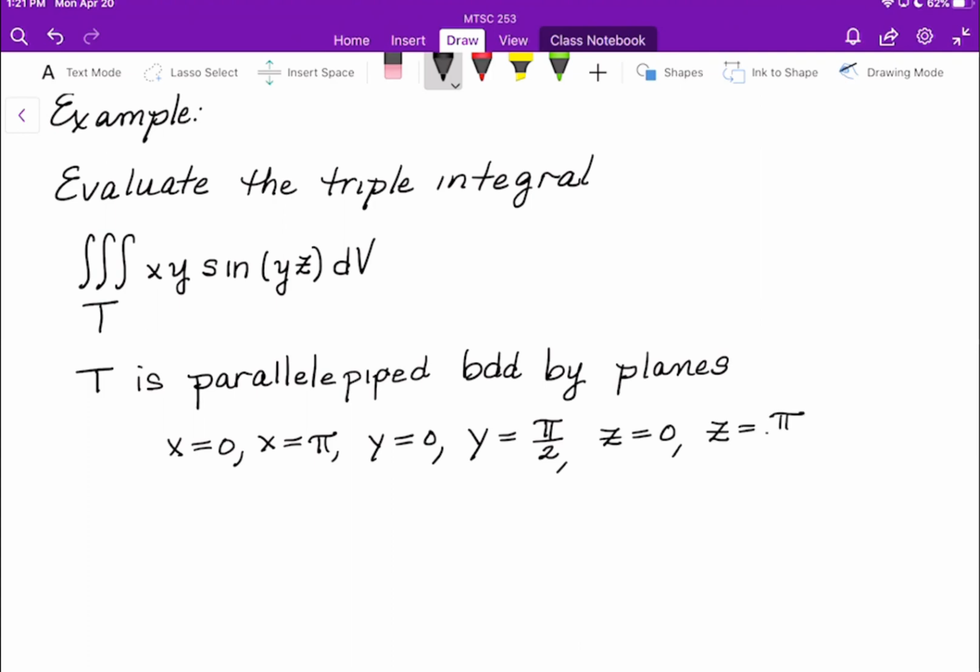Okay, so that actually just looks just like what I've already drawn.